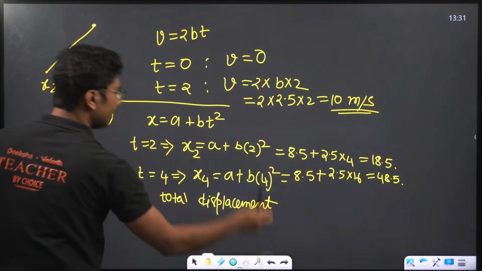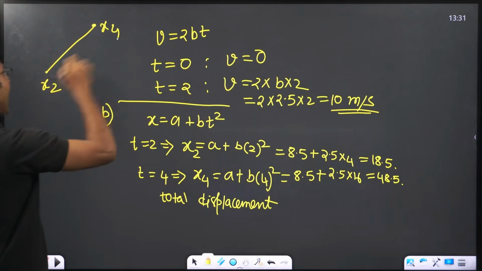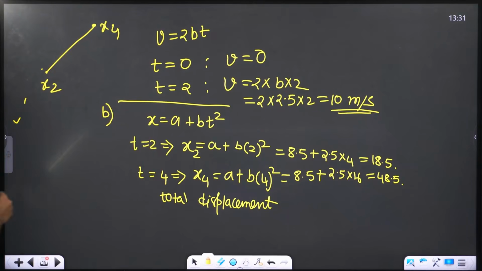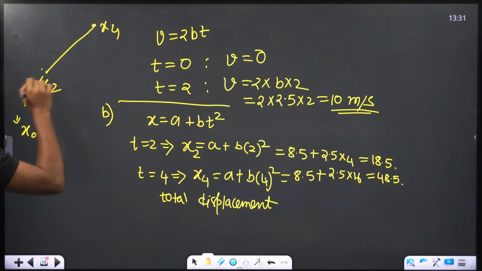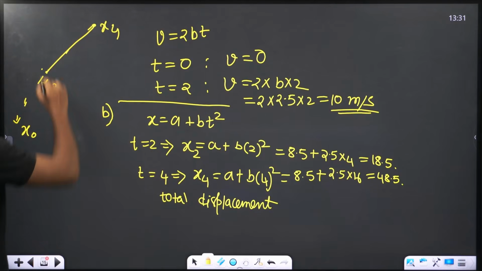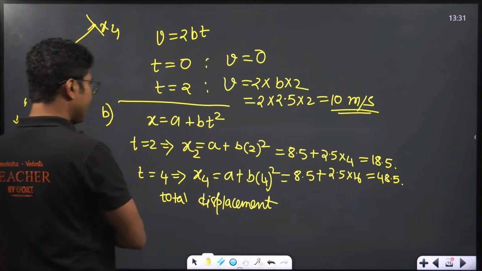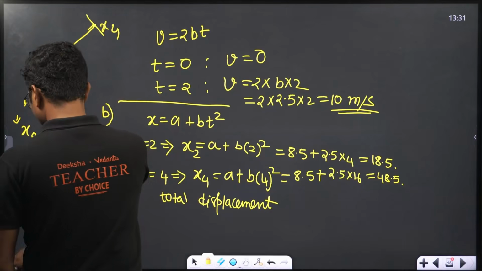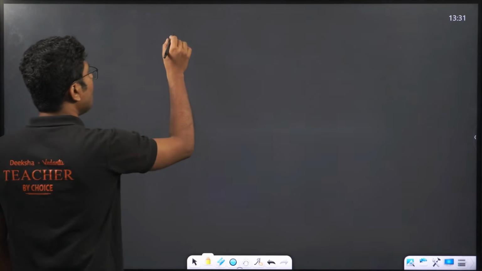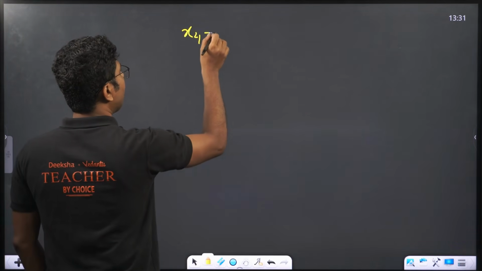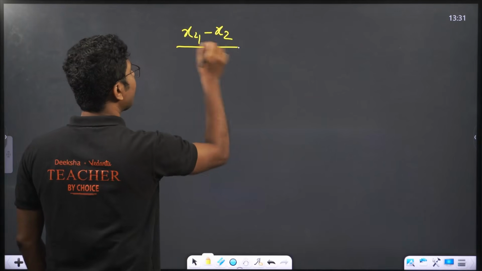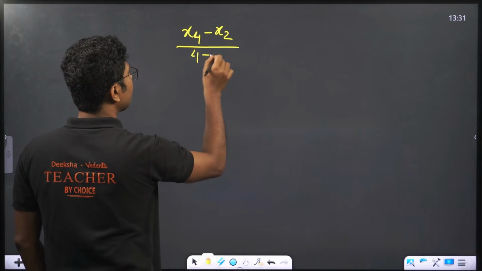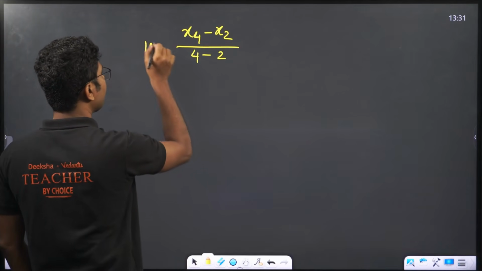It started from somewhere at x0 at time t equal to 0, it moved to x2 and then x4. So what is the displacement between these two intervals of time? It is given by x4 minus x2, divided by time 4 minus 2, right? This is the average velocity.